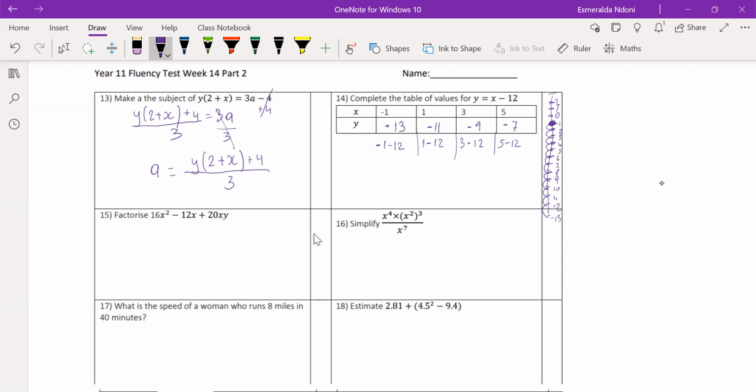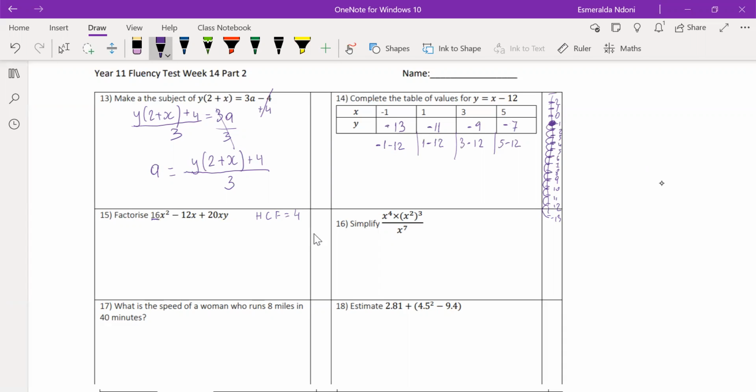Number 15, factorize. To factorize, we find the highest common factors. So the highest common factor of 16, 12, and 20 would be 4, because 4 goes into all of them. So we need to rewrite this expression showing the 4.